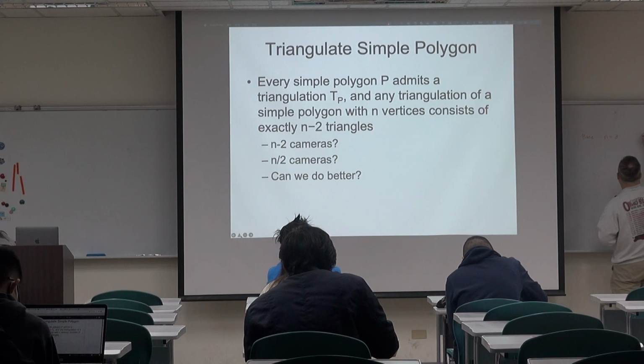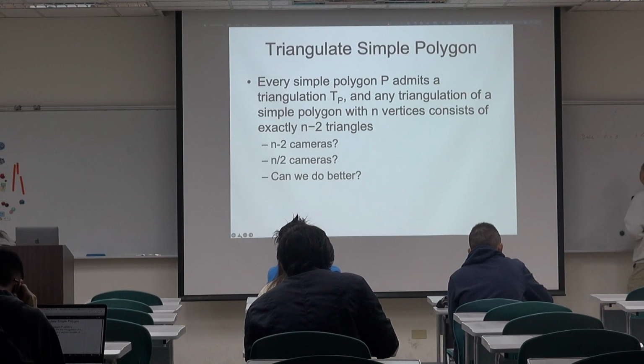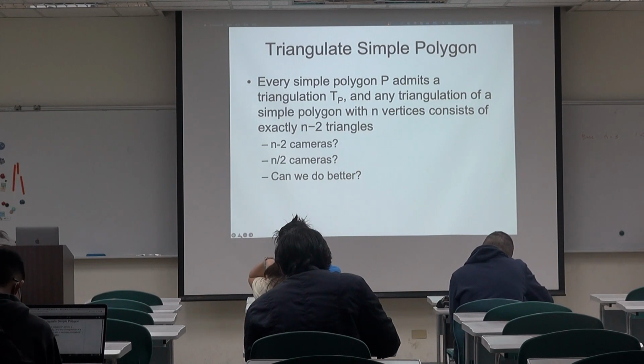We have one triangle, which is 3 minus 2, so this statement checks out for the base case.